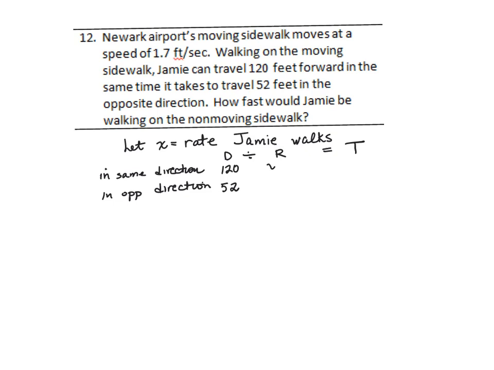So we'll say x plus 1.7 in the same direction, x minus 1.7. So the times are 120 over x plus 1.7. Here it's 120. Oh, I'm sorry, not 120. I meant 52. 52 over x minus 1.7, and it says that it's the same time. So we would make these equal and solve.